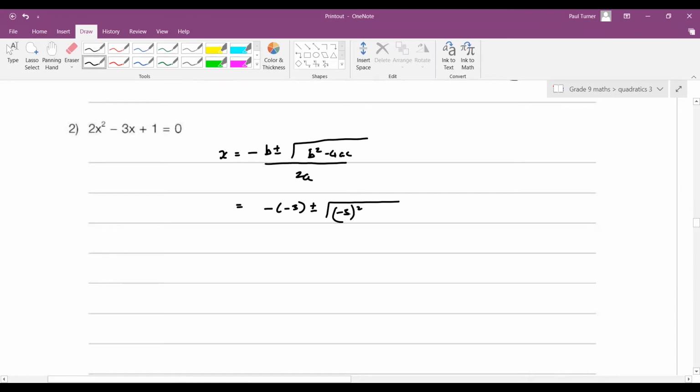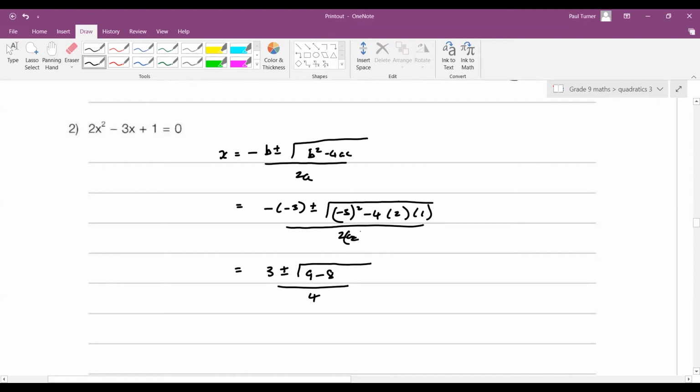So remember to keep this number in a bracket, minus 4ac, all on 2a. So we get 3 plus or minus -3 squared is 9, minus 2 4s are 8, times 1 is 8, on 2a, 2 2s are 4.